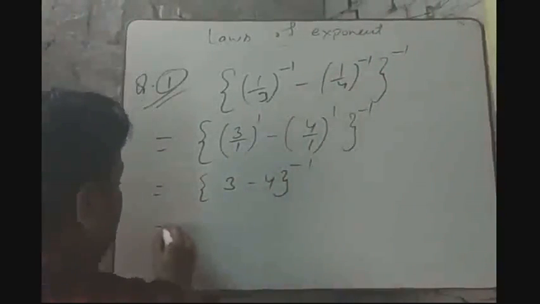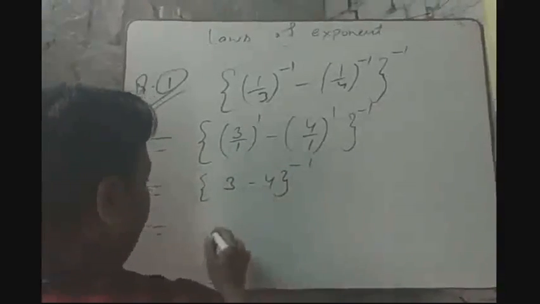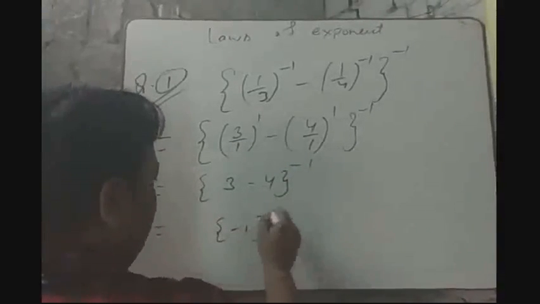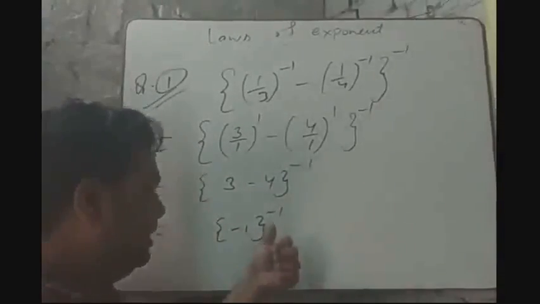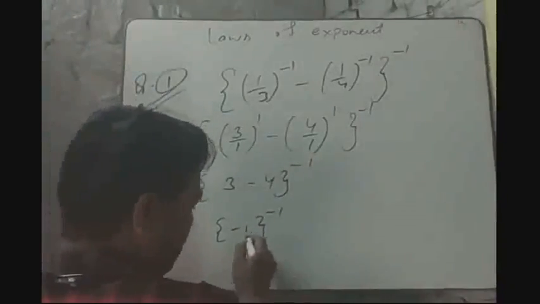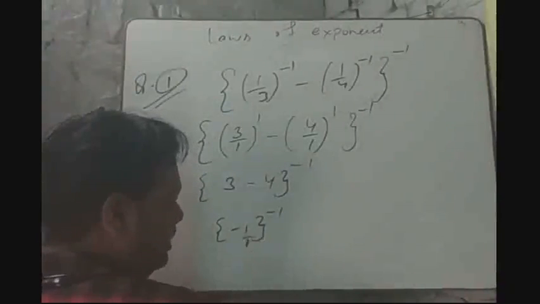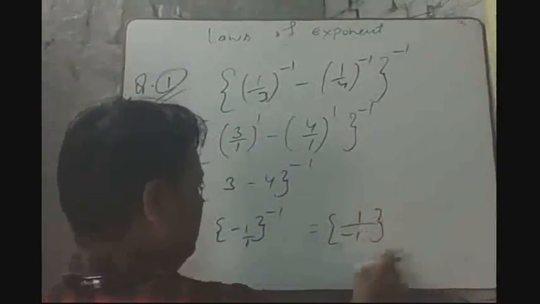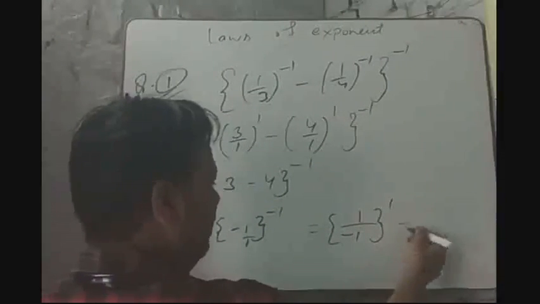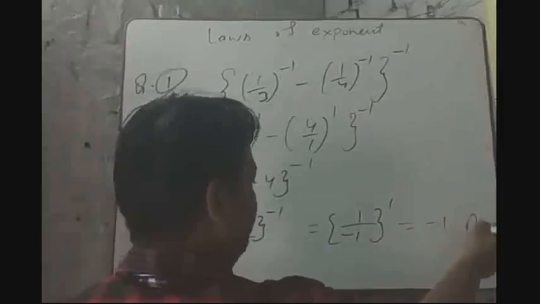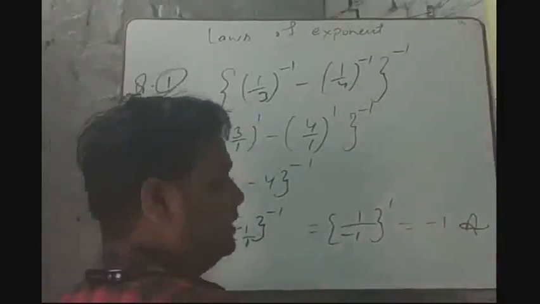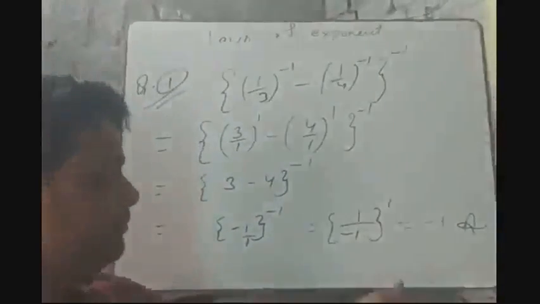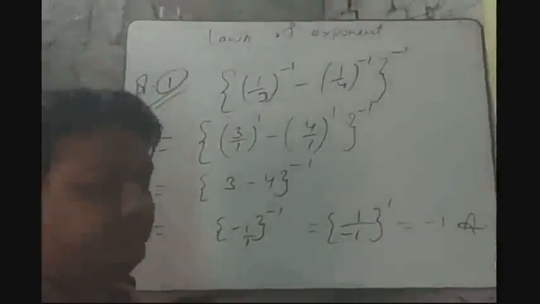Now 3 minus 4 will be minus 1, to the power minus 1. And again, it has a negative power, so we will write the reciprocal of this. Here the denominator is 1 only, so we will write 1 by minus 1 to the power 1, and the value will be equal to minus 1. Your negative sign is here also. So this is our answer.